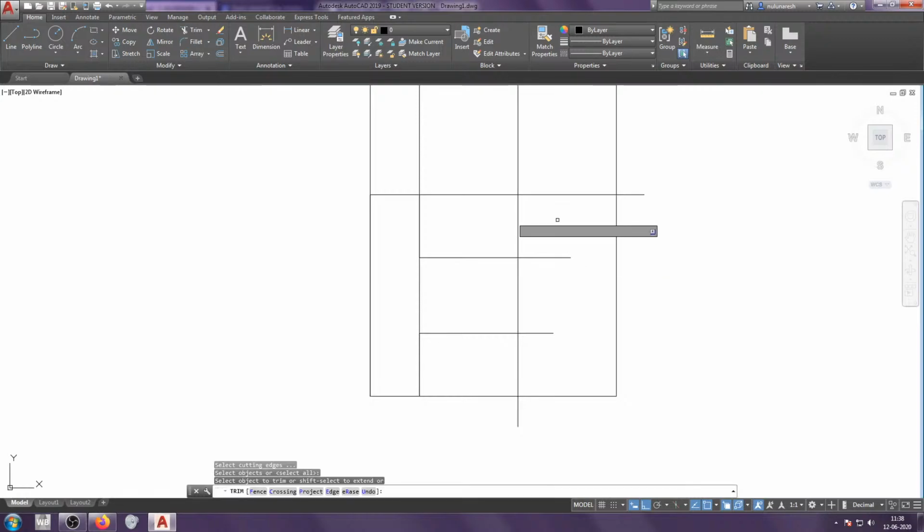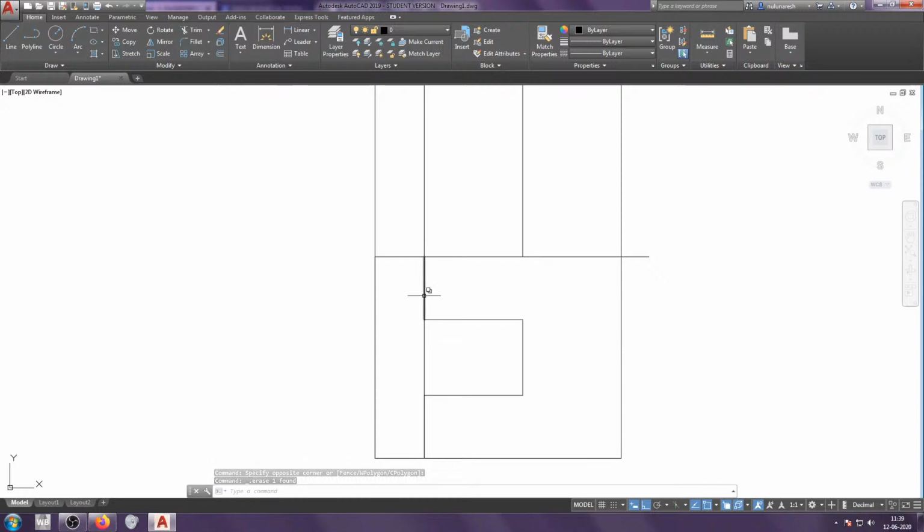I'm going to trim these additional portions. Okay, so that is how it actually looks from the top view.